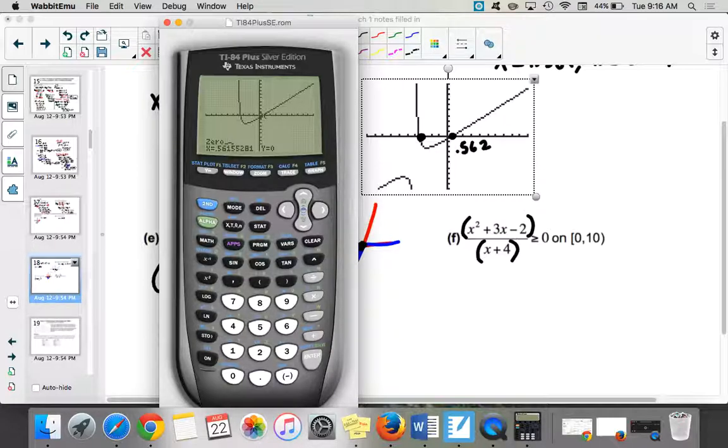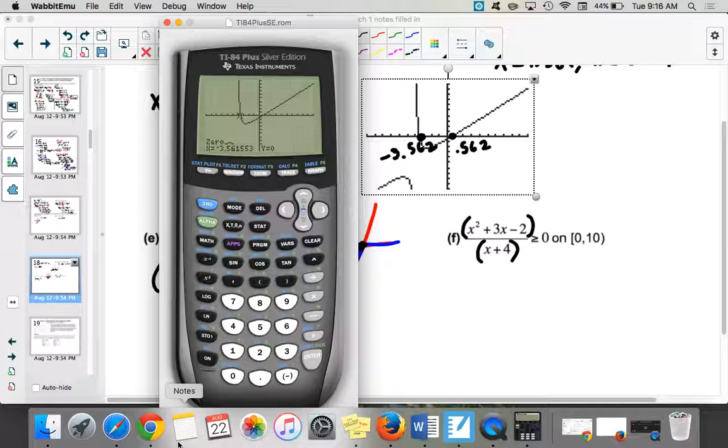All right, and then find the other one. So negative 3.562. Sorry, I said that wrong, didn't I?